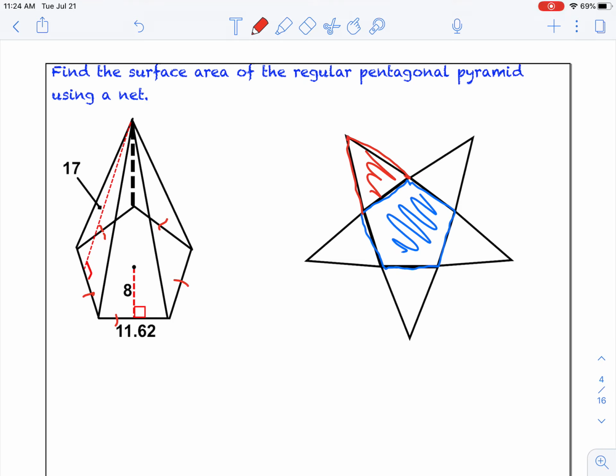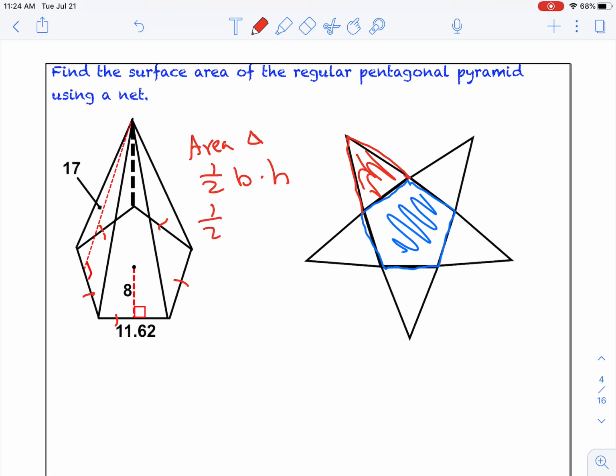So if we look at one of these triangles, remember the area of the triangle will be 1/2 the base of the triangle times the height of the triangle.